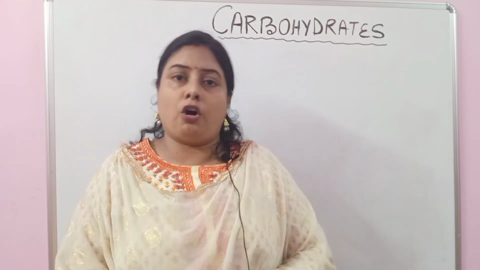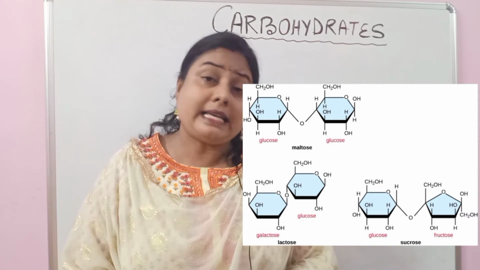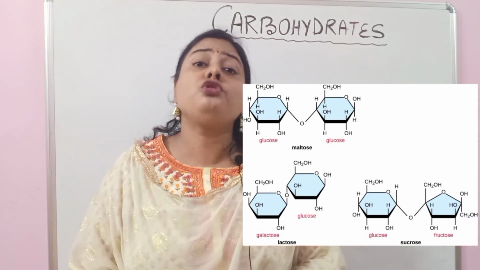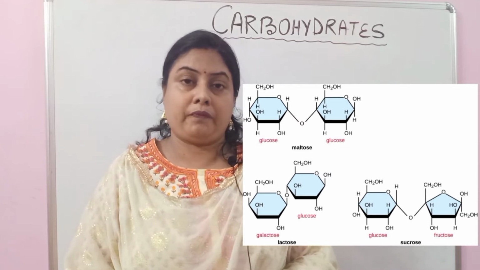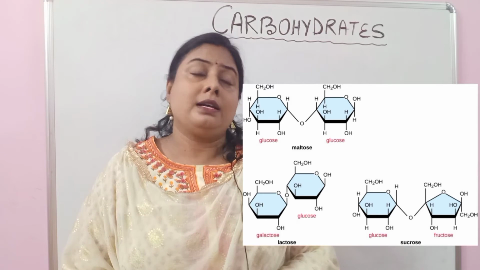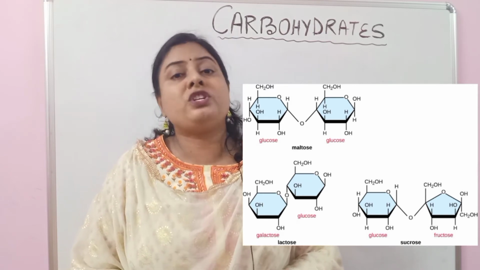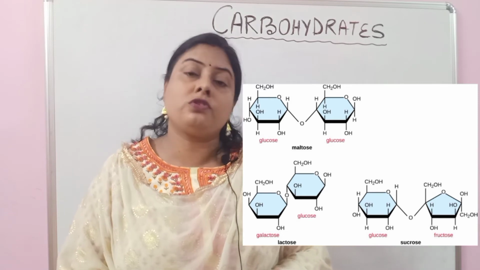The next group of saccharides are the disaccharides. The disaccharides are formed of 2 sugar units joined by the glycosidic bond. Now, the examples of disaccharides are, say, sucrose, which is composed of 1 glucose unit and 1 fructose unit.